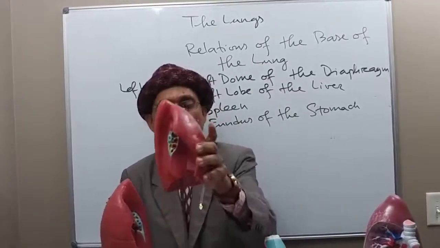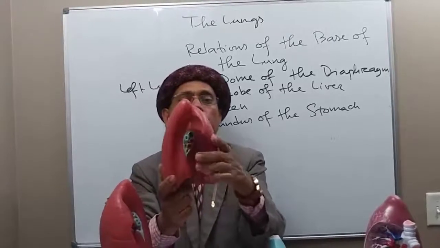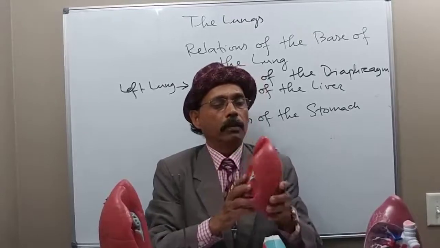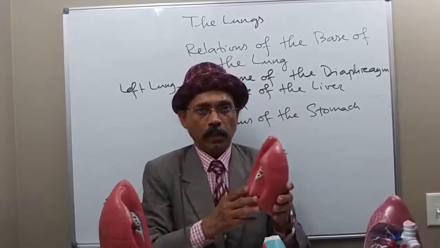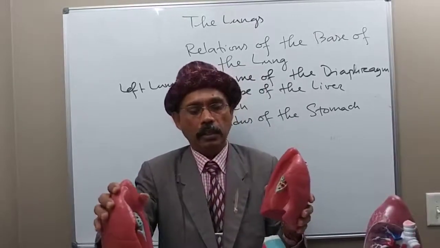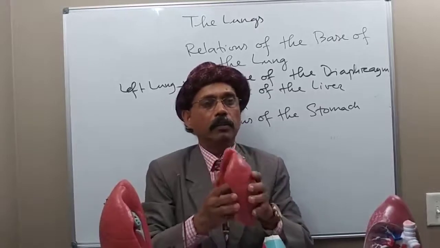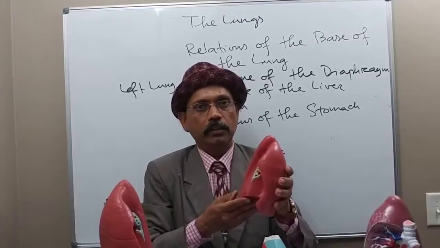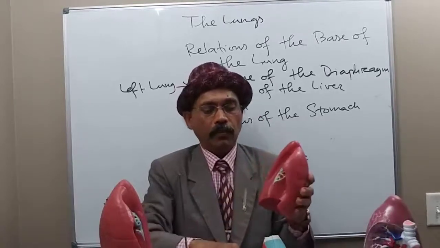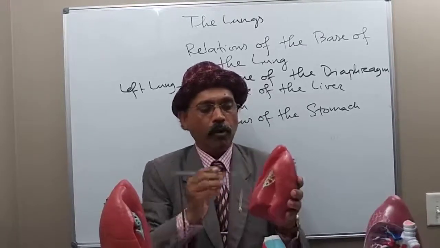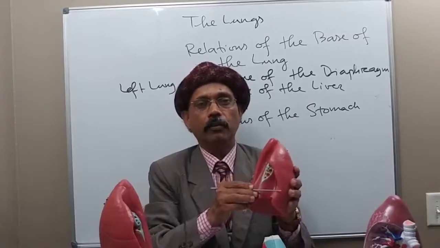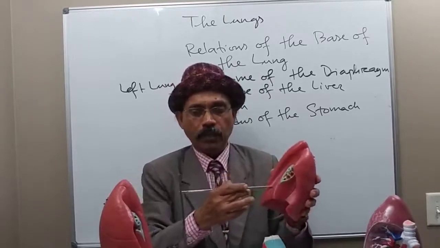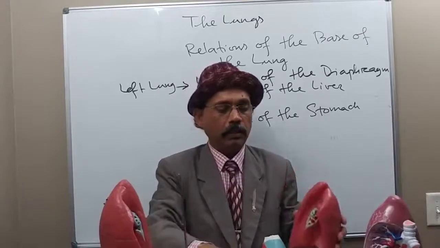This is the left lung. This is the right lung. The left lung is elongated, longer, and lighter. The anterior border of the left lung has a cardiac notch, and the impression will be different from that of the right lung.